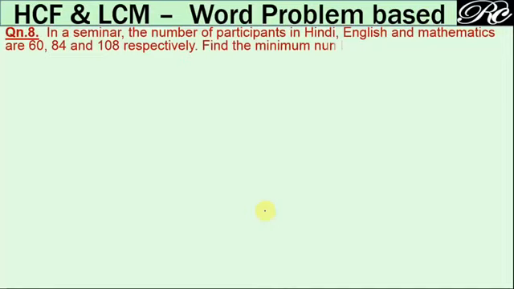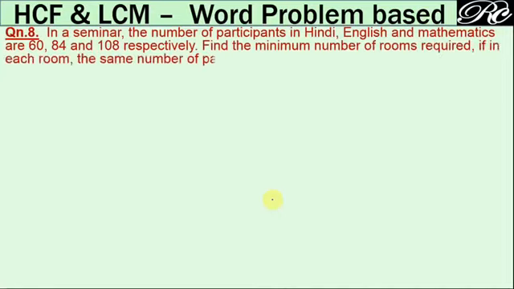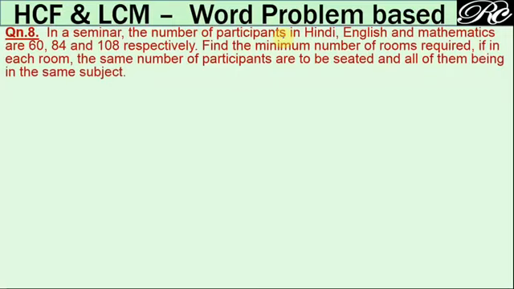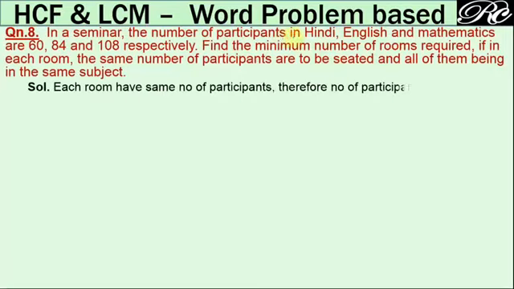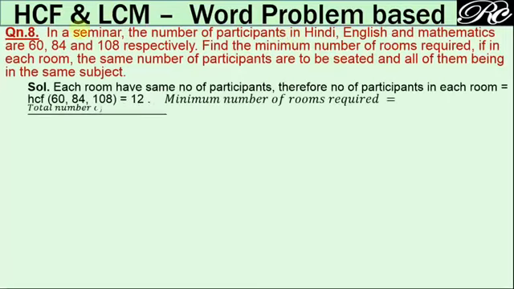In a seminar, the number of participants in Hindi, English and Mathematics are 60, 84 and 108 respectively. Find the minimum number of rooms required if in each room the same number of participants are to be seated and all of them in the same subject. So here the number of participants is 60, 84 and 108.